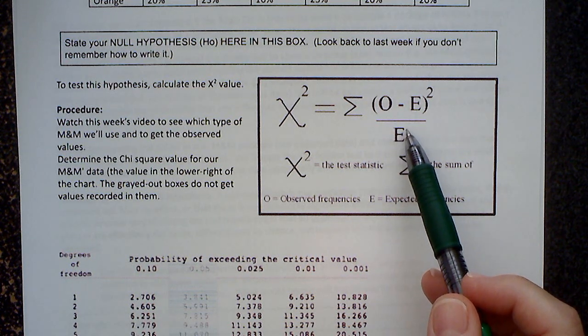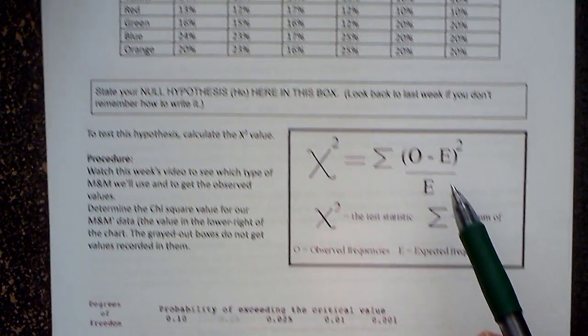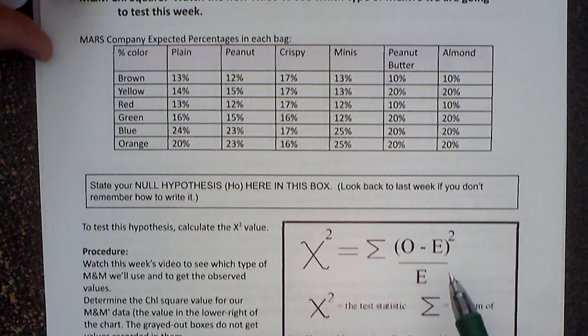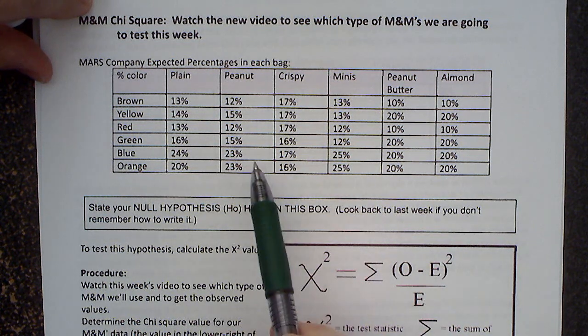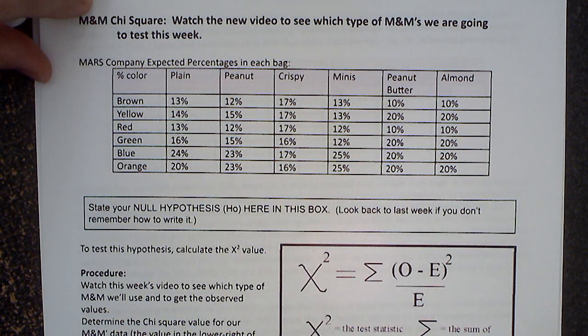Well, in the case of our M&Ms, that's not the case. Where we're going to get our expected values, we actually contacted the Mars company, and this is what they have their machine set for to put into the different bags of M&Ms that they manufacture.